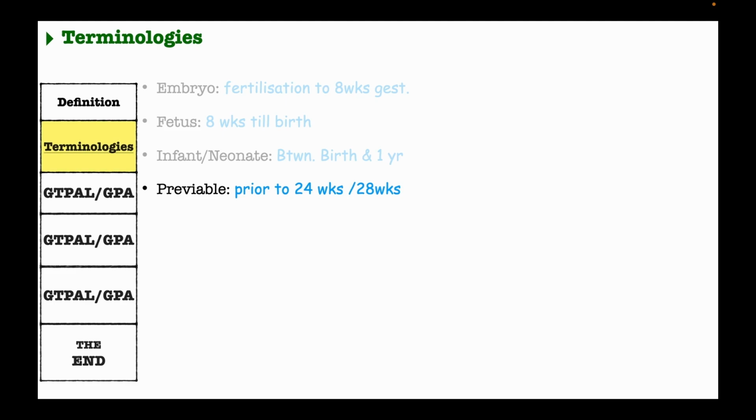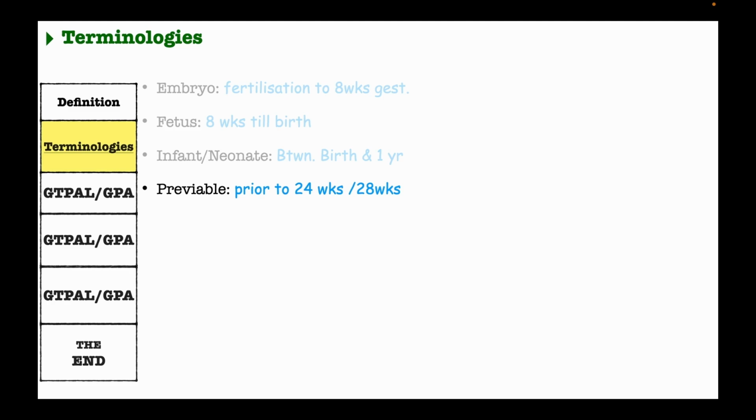And so any delivery between 24 and 37 weeks is considered preterm in the developed world, and between 28 and 37 weeks is considered preterm in the developing countries. Now, the differences in the period of viability are partly due to the availability of facilities to sustain life in the developed countries.